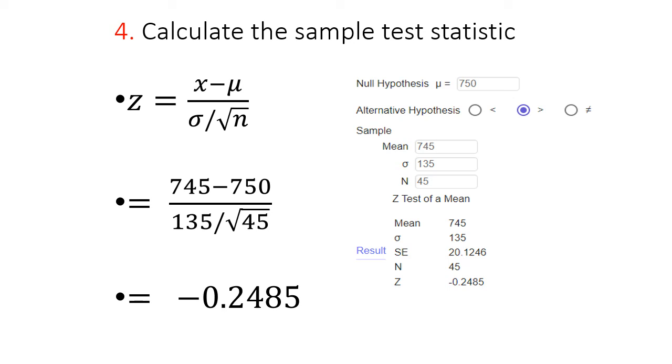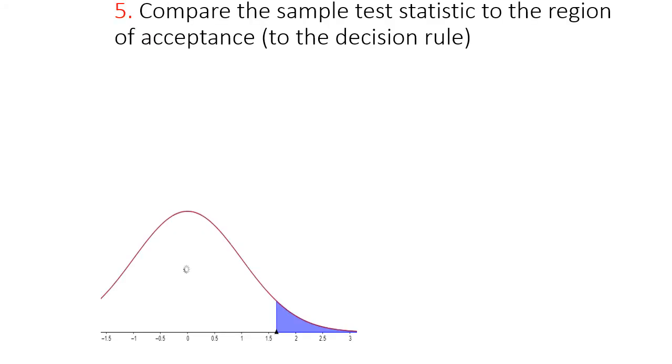You will then use this test statistic to compare it to the decision rule. Now let's look at the comparison of the sample test statistic to the region of acceptance. Remember from the previous slide, we were saying reject H0 if Z calculated is greater than this side.